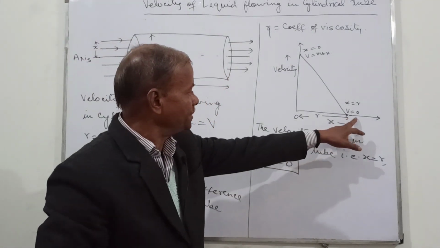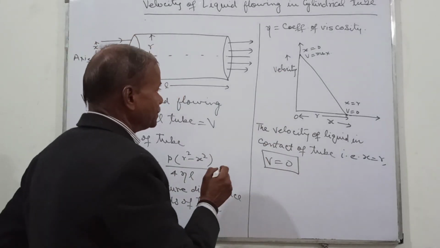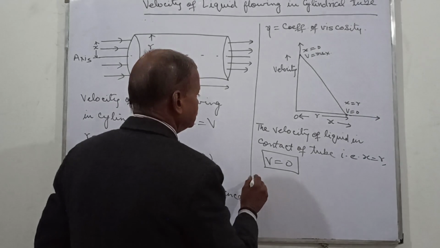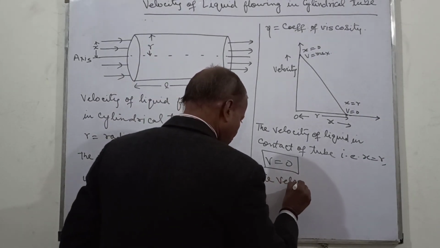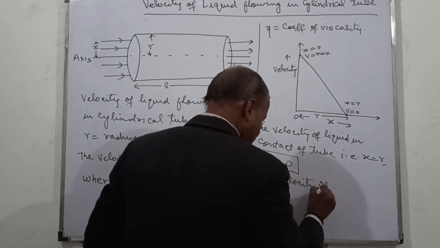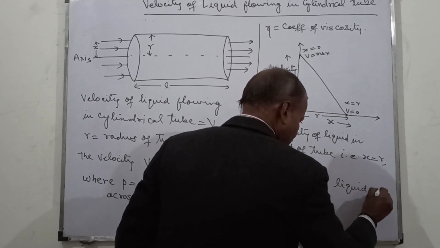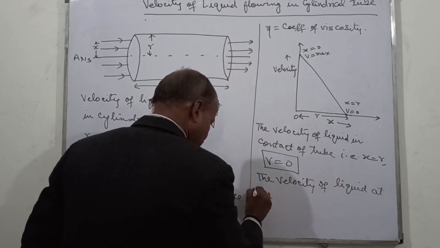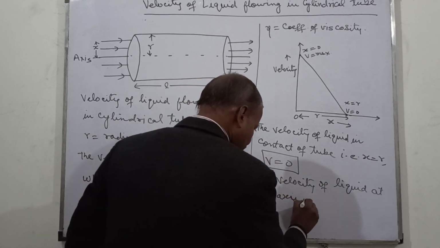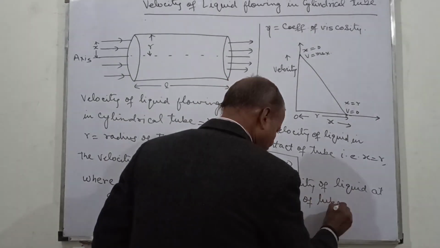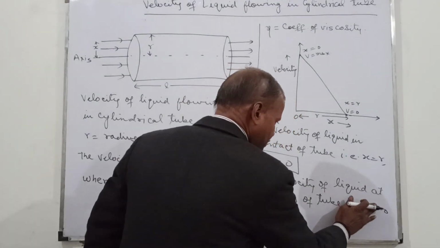So we are at this point, and when x is equal to 0, the velocity of liquid at the axis of the tube, it means x equal to 0.